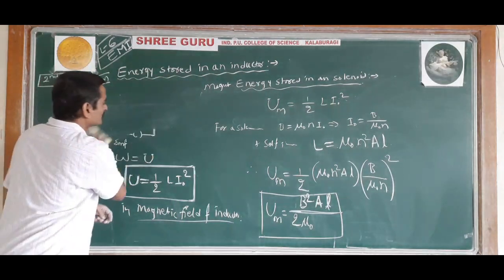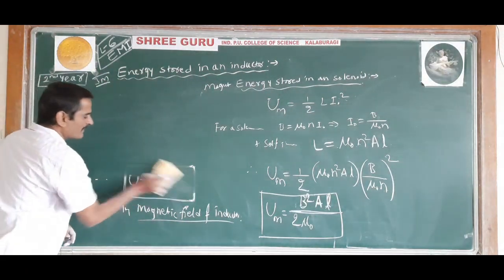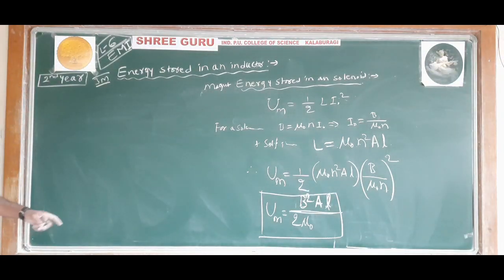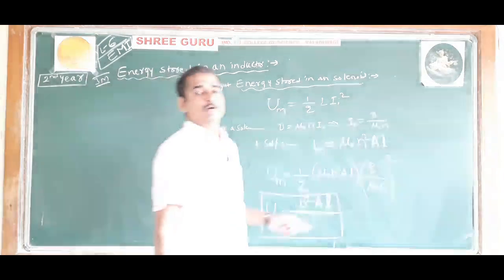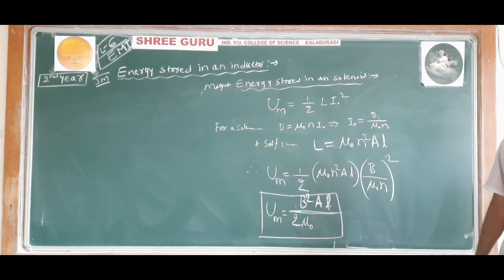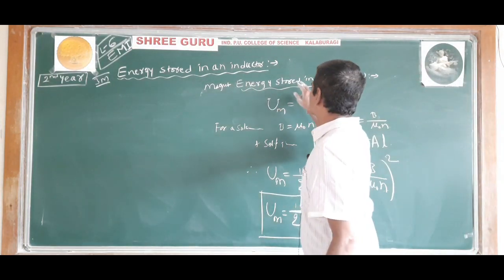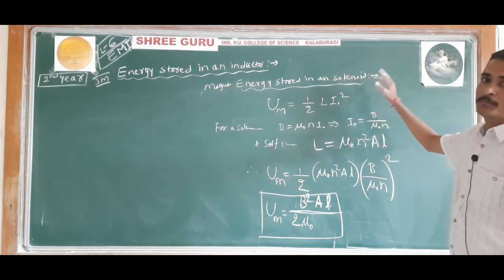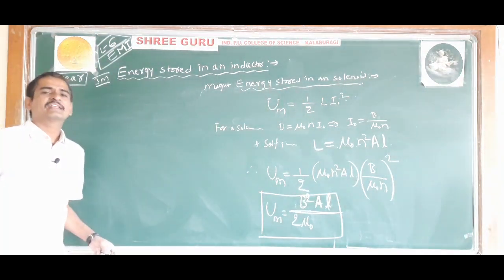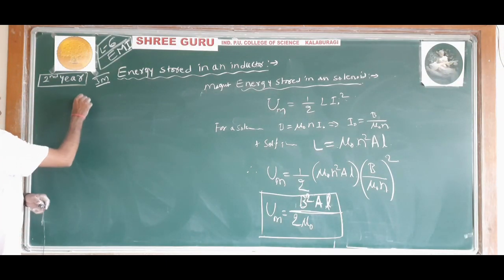Okay. So now the magnetic energy density. Let us find the energy density, that is the magnetic energy stored per unit volume of the solenoid. It is called the magnetic energy density. I will denote it as UM bar.